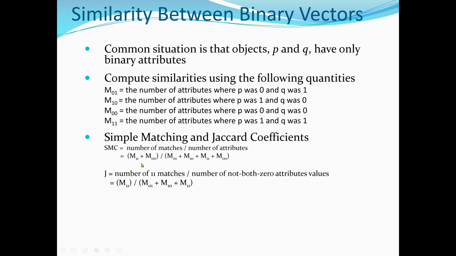So the number of matches will be the 11 and 00 matches, so M11 plus M00 divided by all the total attributes. In terms of Jaccard, it will be the number of 11 matches divided by the number of not-both-0 attribute values. So it will be M11 divided by M01 plus M10 plus M11.